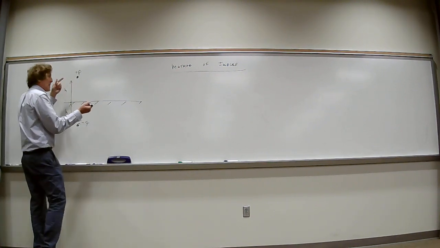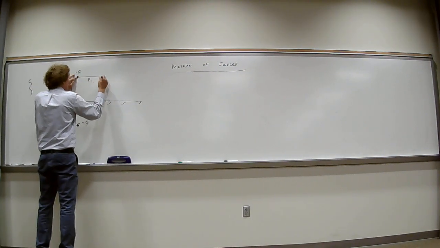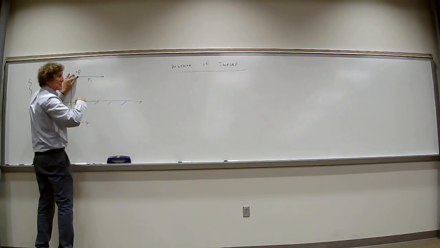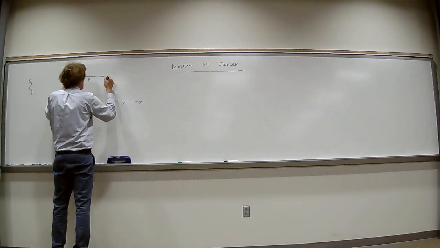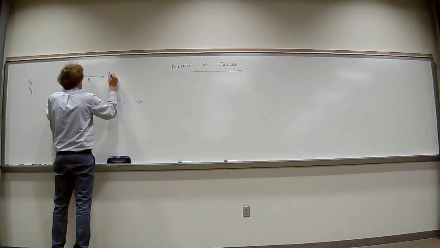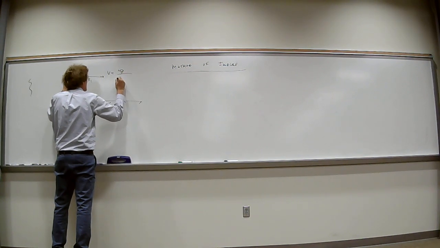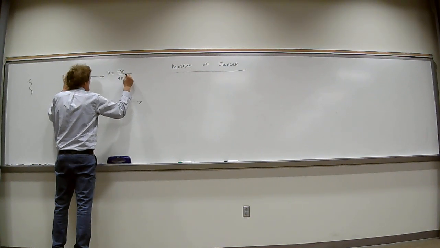So if I have this, and I have a distance r1 here, and we assume the voltage at infinity is 0, well, the voltage from this charge at r1 will just be equal to q plus over 4 pi epsilon naught r1.